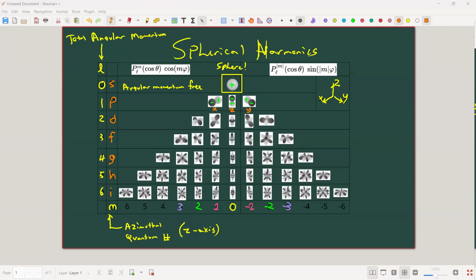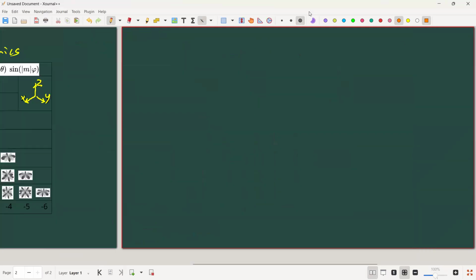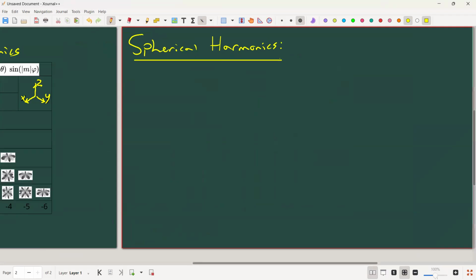Okay, so let's look a little more carefully at these spherical harmonics. Let's see if we can learn a few things from them. I'm going to give you some notation first, because we'll use this notation. Let's talk about some properties of the spherical harmonics.